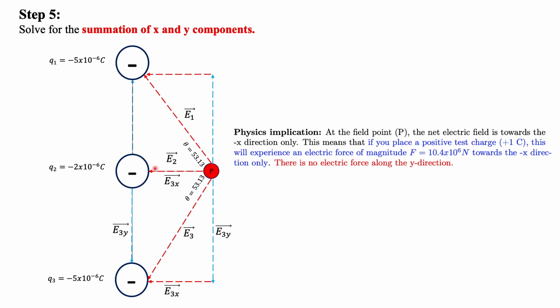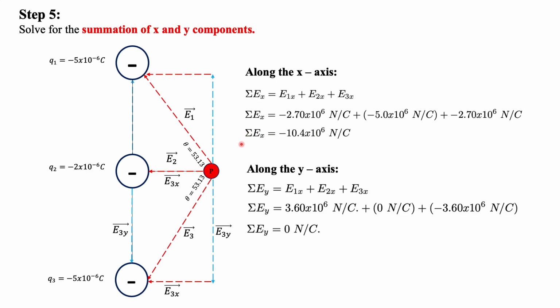There will be no pull along the y-axis. This is telling you also that there is no electric force on this test charge placed at point P along the y direction, because the sum of the electric field is just negative 10.4 times 10 to the 6 with no y component.